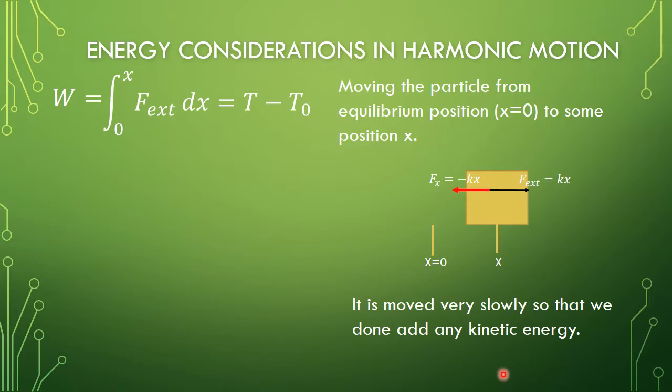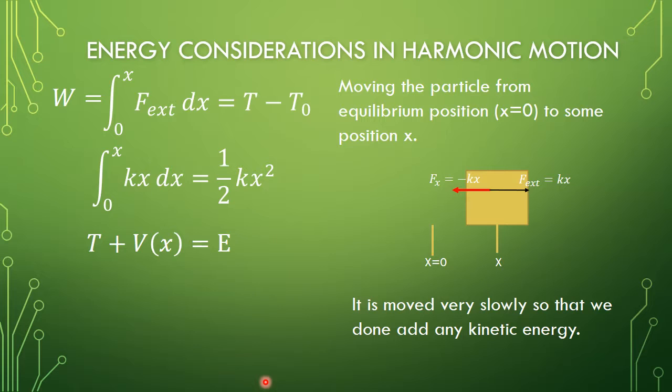And if we move it very slowly as we go out, then we don't add that much kinetic energy to the system, and we can figure out what work we should do by plugging in the external force that we're going to use here, and then integrating over the distance we take it, and that gives us 1/2 kx squared, and this gives us a way of determining the potential energy of a harmonic system.